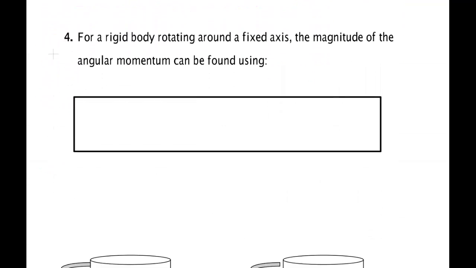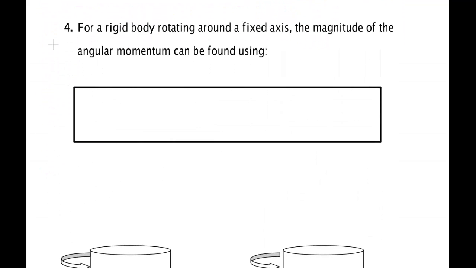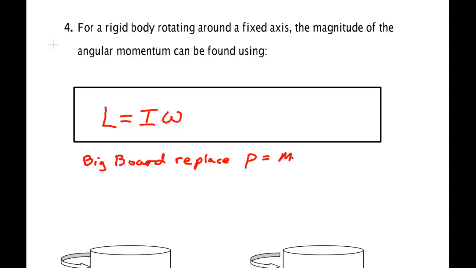Now, for a rigid body rotating about a fixed axis, the magnitude of the angular momentum can be found with a much more useful formula: L is equal to I omega. This is from the big board. We've used the big board to replace p equals mv.